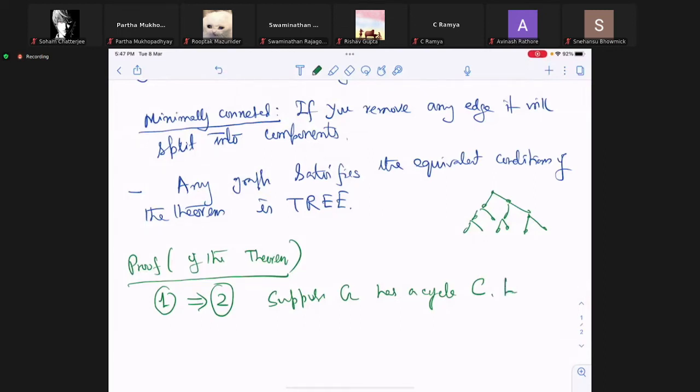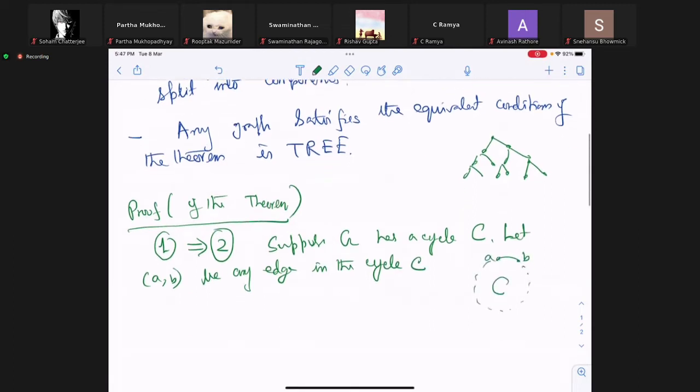So let AB be any edge in the cycle C. Let me draw a picture: AB, cycle C. And we delete the edge.